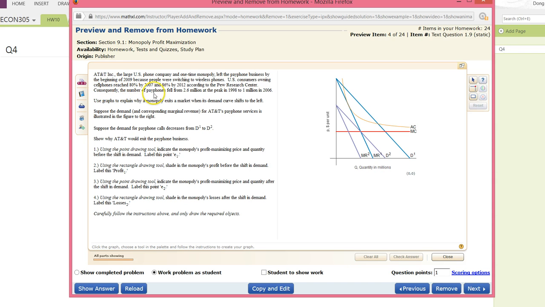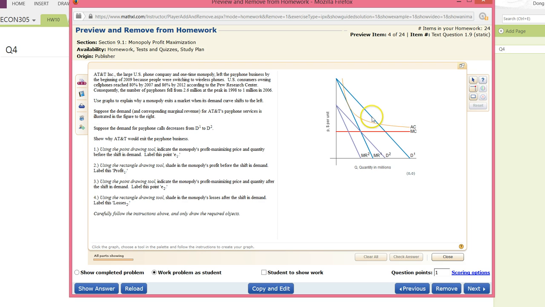Consequently, the number of payphones fell from 2.6 million at the peak in 1998 to 1 million in 2006. Use graphs to explain why a monopoly exits a market when its demand curve shifts to the left.